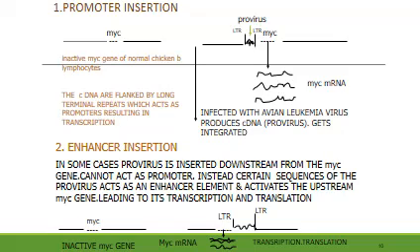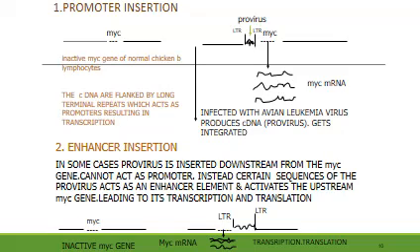So it cannot act as a promoter. However, again it is flanked by long terminal repeats, and certain sequences of the provirus now act as an enhancer element and activate the upstream MYC gene, leading to its transcription and translation.